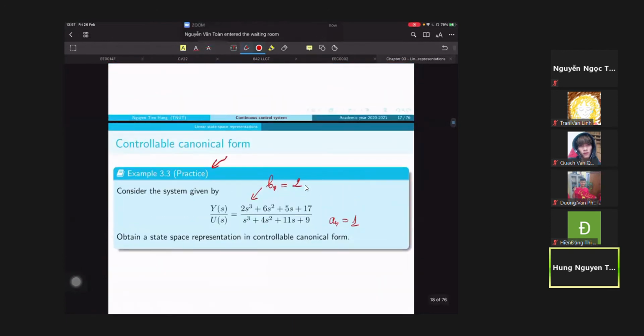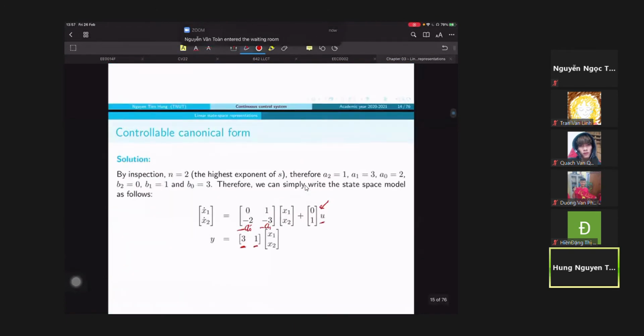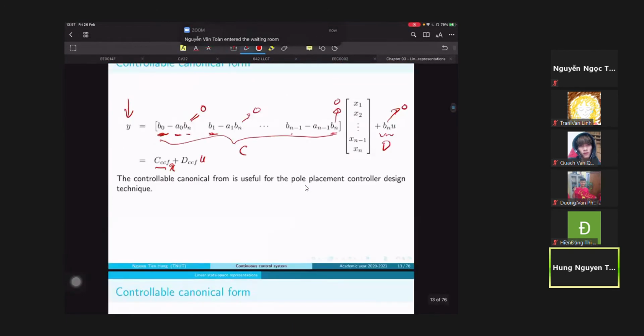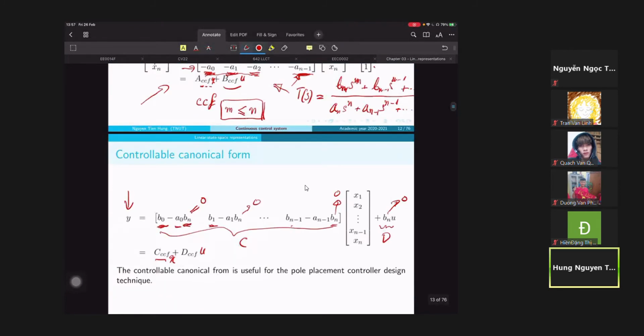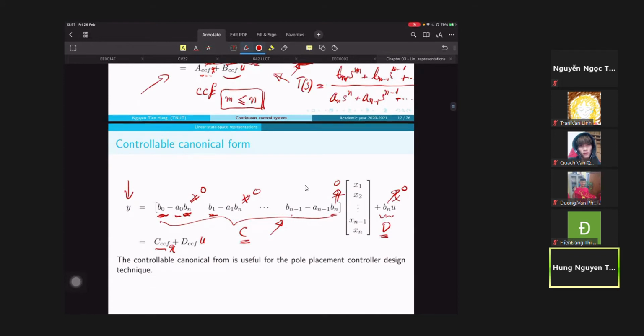So we follow this form and see that in this case, B0 is not different from 0. And also this is different from 0. So we will see that we got C in this form and also D. We got also D. Okay.